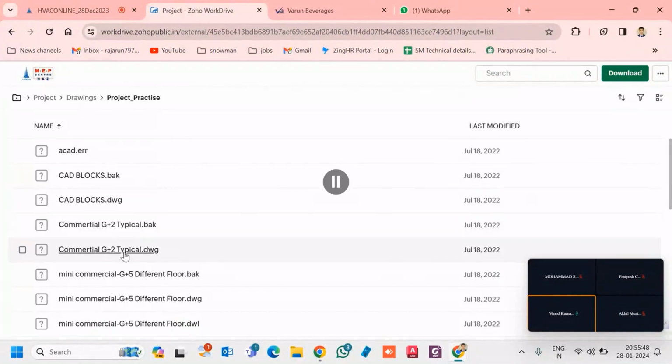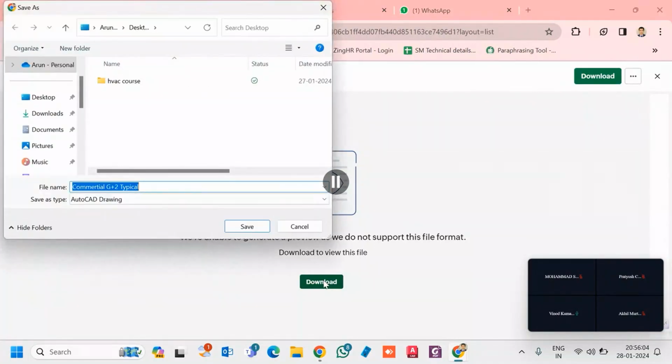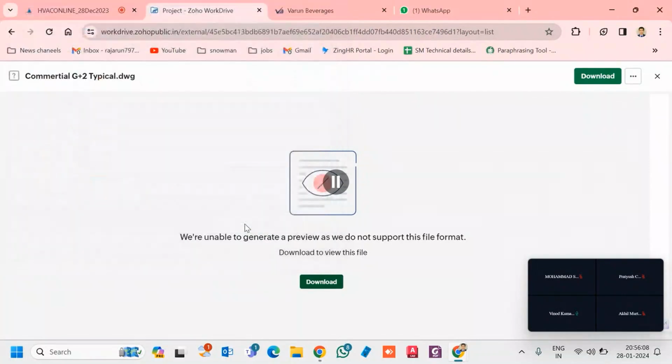Not that, mini commercial G+5 different. That also okay, click there. Download. Save. Open it.